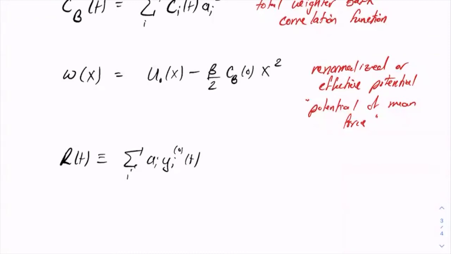So this is something probably complicated, but it's not dependent on the solute. This is a force summed over all those bath degrees of freedom, independent of what the solute is doing.